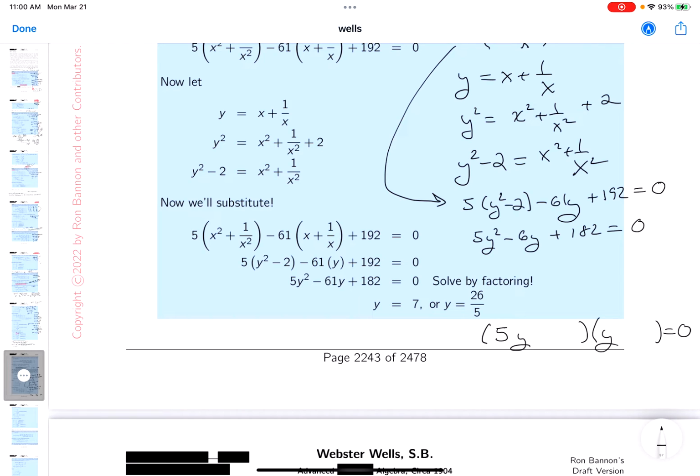Let's take a look at that 182. 182, right? It's 2 times 91. And 91 is 7 times 13.